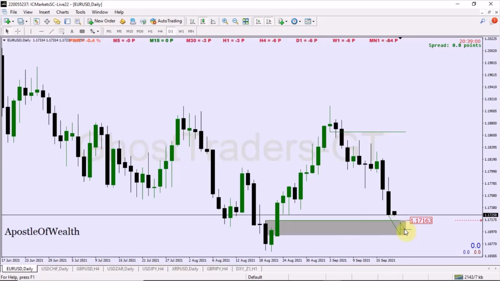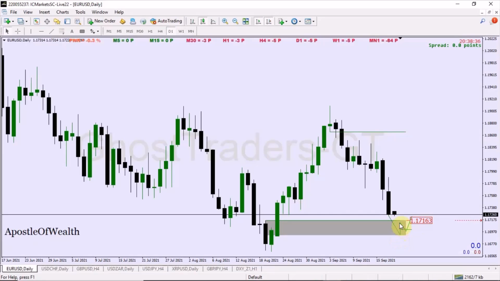You wait for price to actually spike that order block and that candle to close. Then you see price going up, taking out this recent low formed within that smaller time frame. So that's a signal that the market is most likely going up.